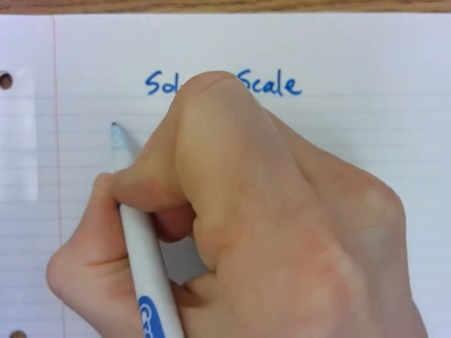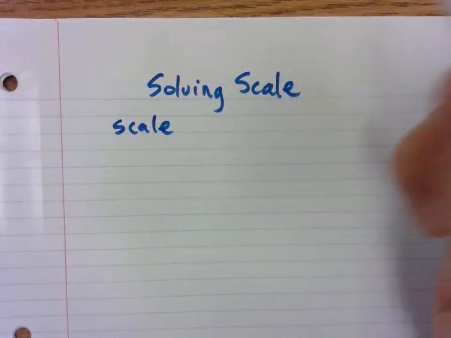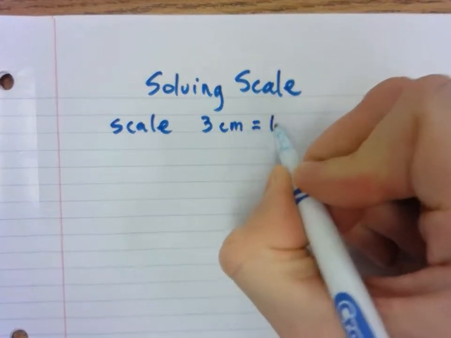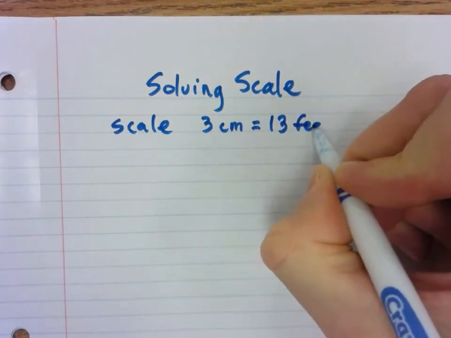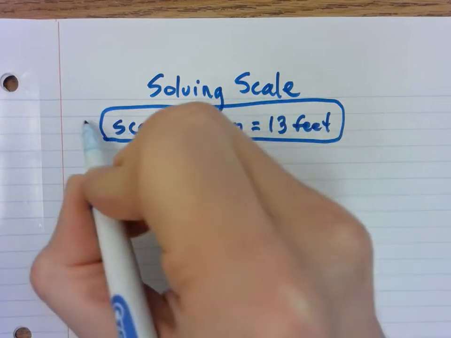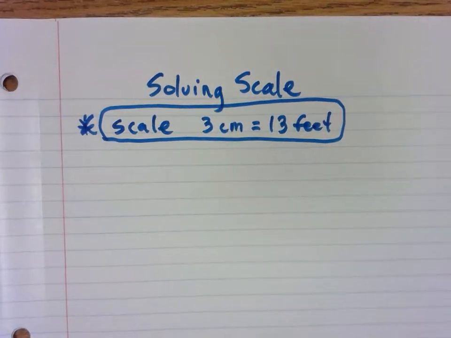Let's say you start out on the problem, up in the top corner or in the bottom corner, and it says something like this: 3 centimeters equals 13 feet. You need to look and find that. That is the key to the whole thing. Wherever that is on the paper, you need to find out what the scale is.